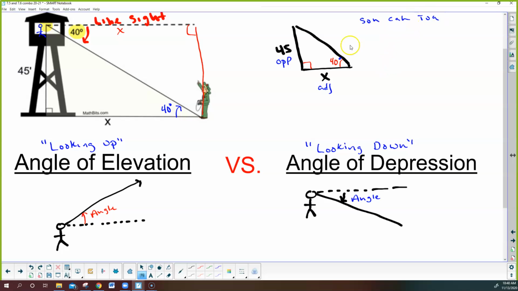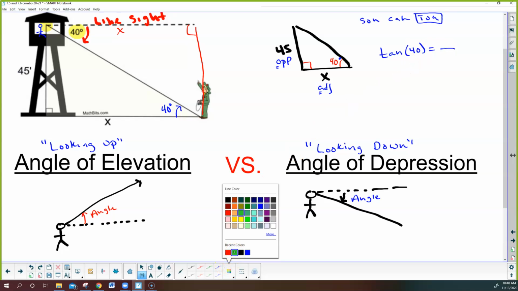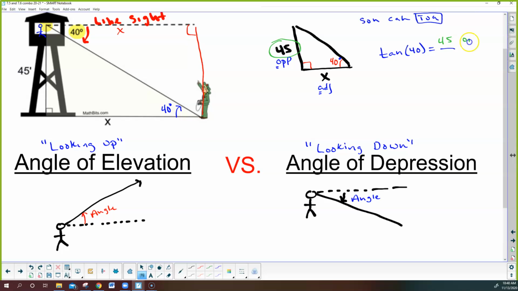So I'm going to use Soh Cah Toa, O and A. That's the tangent ratio. And it's the tangent of 40 degrees is equal to the ratio of the opposite side over the adjacent side. And the adjacent we're calling x.